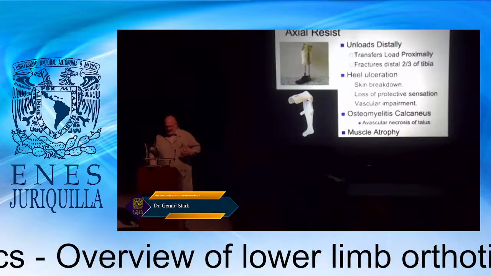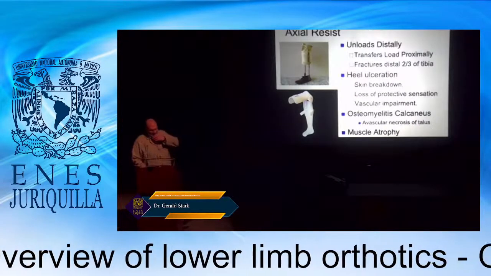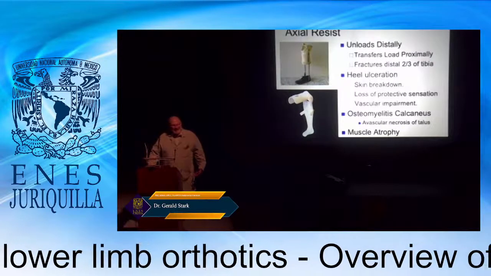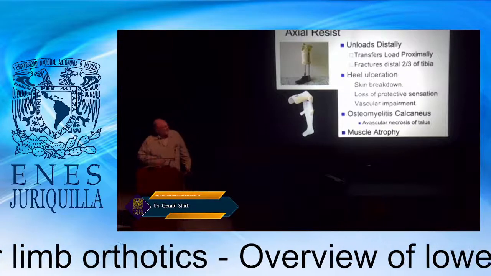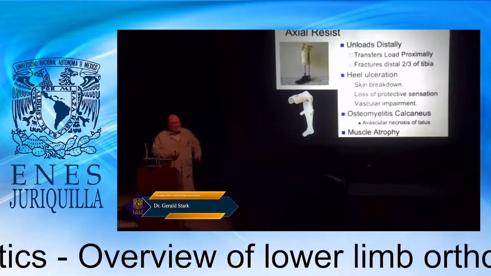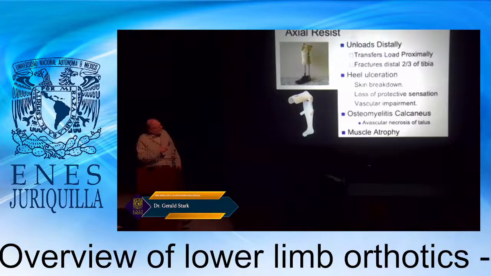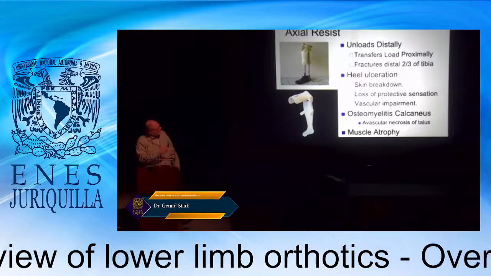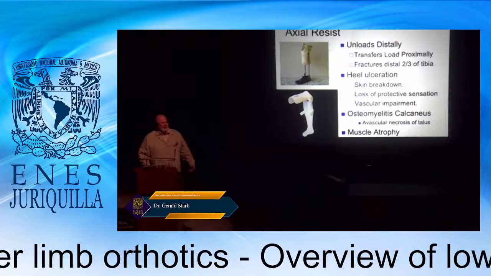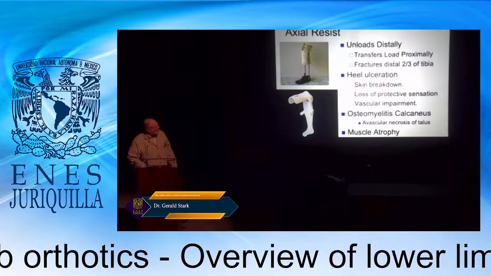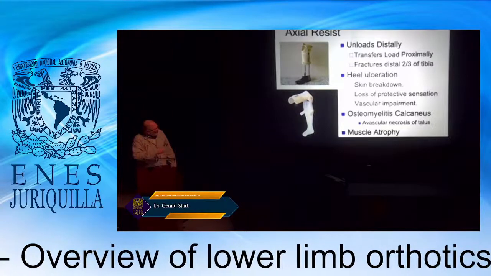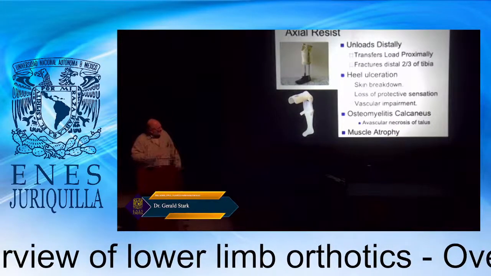Now, another level is called the axial resist orthosis. The axial resist orthosis, I have to say, is not made very often, but it was pretty interesting. It used a transtibial socket design to lift the patient up with their tibial medial flare, with the patellar tendon bar and the popliteal loading. And this helped unload the foot itself. Most of the time people will use CROW walkers, but this was used with a bivalve where the patient will put their leg through here and this would swing down into position.